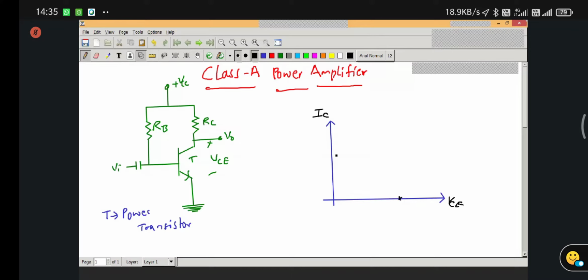We make the VCE voltage 0 and find one point on the other axis. The line joining these two points is called the DC load line, right? It was discussed while we were discussing the transistor's DC load line. Now after that, we are going to draw the output characteristics of the transistor, which you have already seen. It's like a parabola.